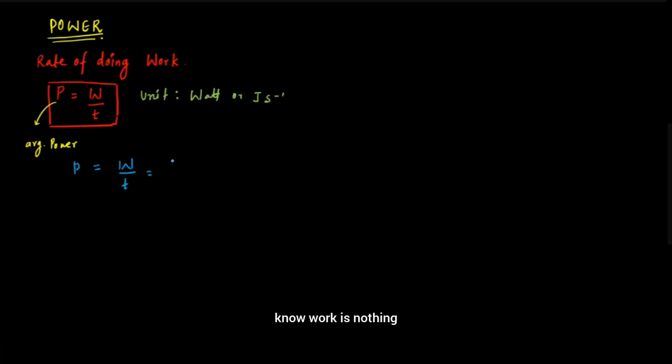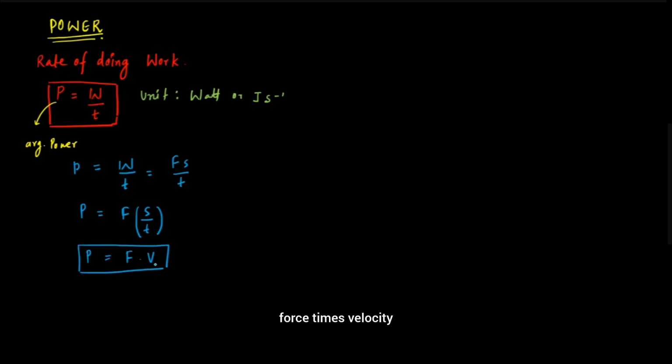We know work is nothing but force times displacement, upon time. Here, as we know, the displacement per unit time is nothing but velocity. So power is also force times velocity. These are the two relations that we'll be using to solve problems related to power.